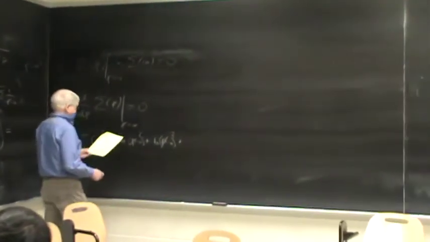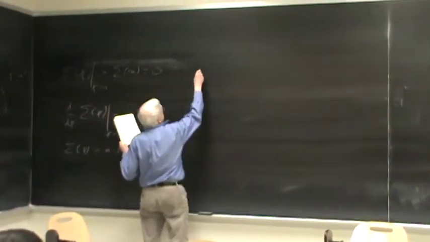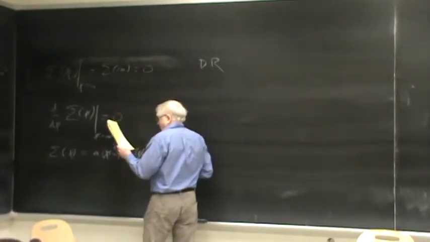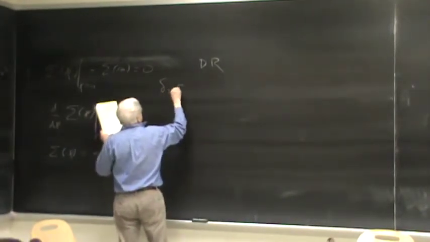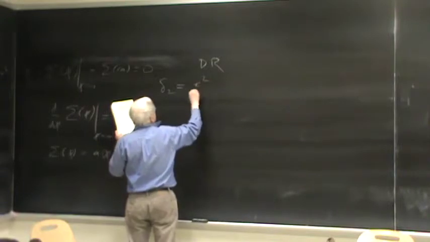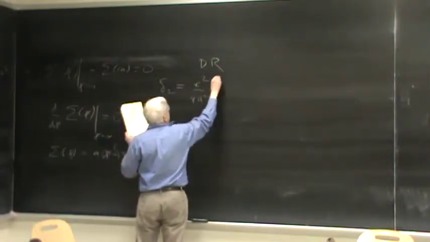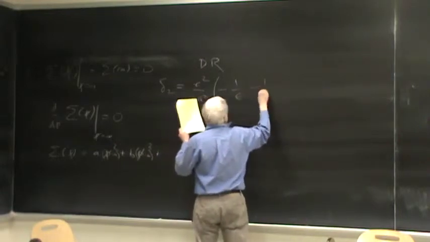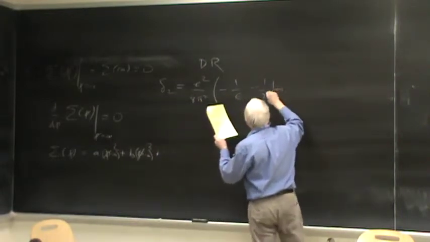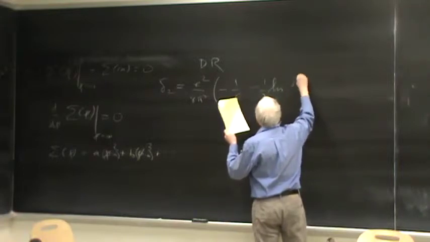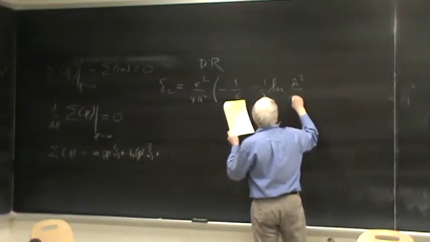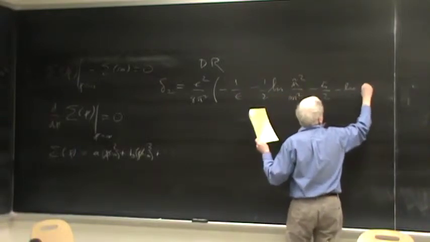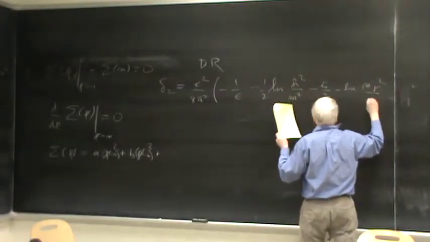Now let's find out what delta 2 is in dimensional regularization. Dimensional regularization, what this means is that delta 2 is going to be e squared over 8 pi squared times minus 1 over epsilon minus a half log mu-tilde squared over m squared minus 5 halves minus log m gamma squared over m squared.